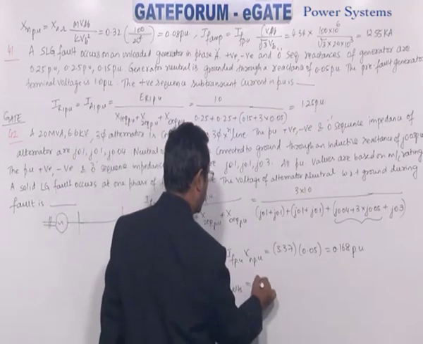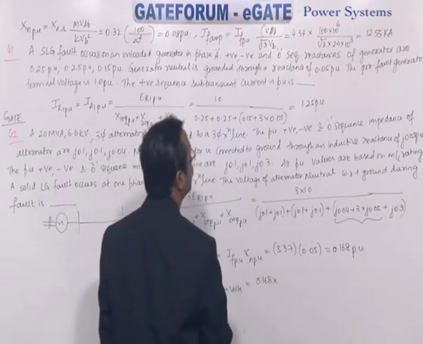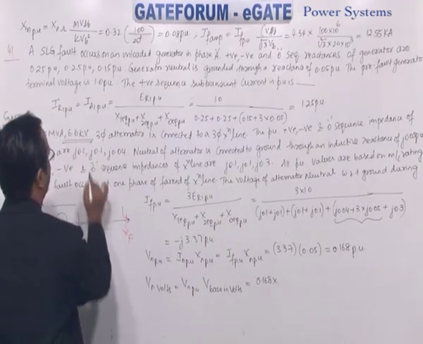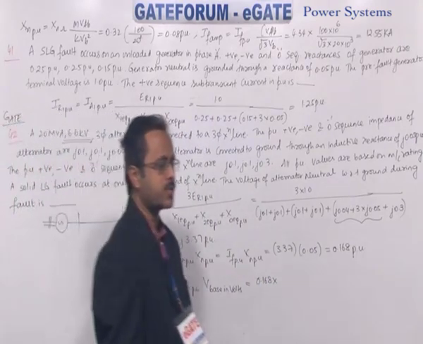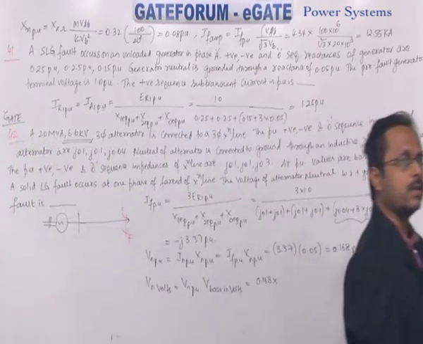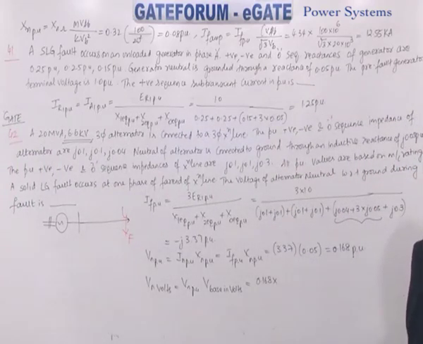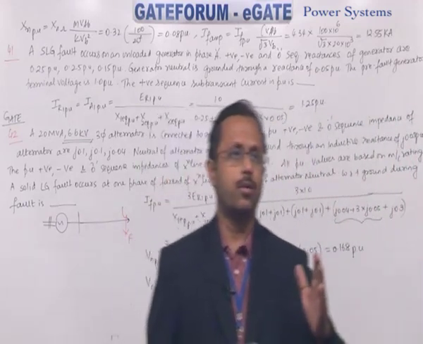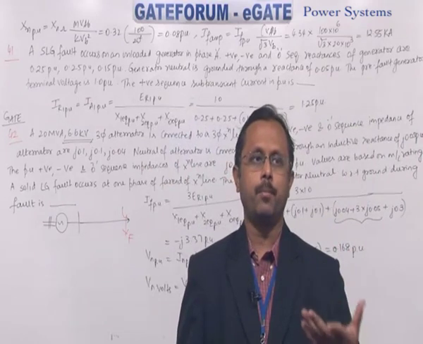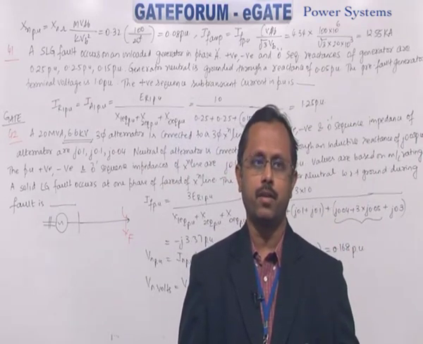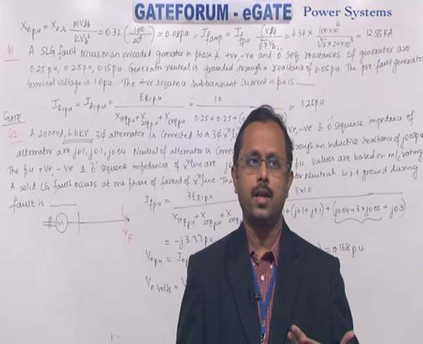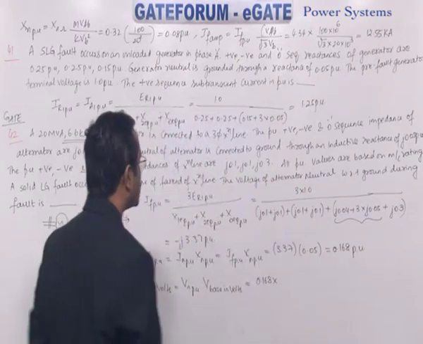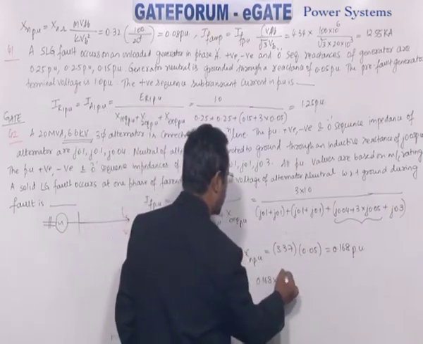Vn per unit is 0.168. The base voltage: the rating of the alternator is considered as the base value, because the alternator is the first component in the power system network. So the base value is 6.6 kV.